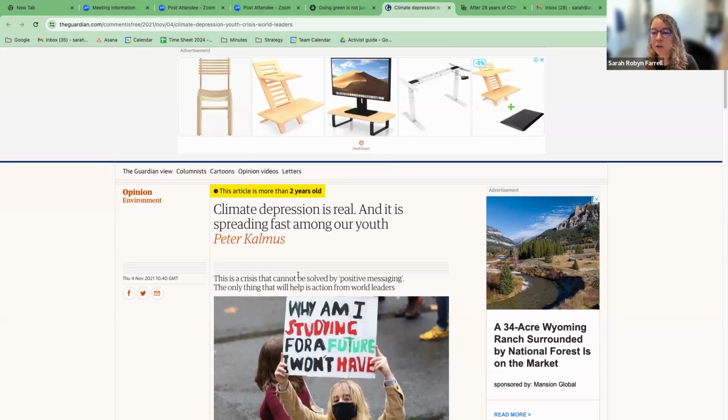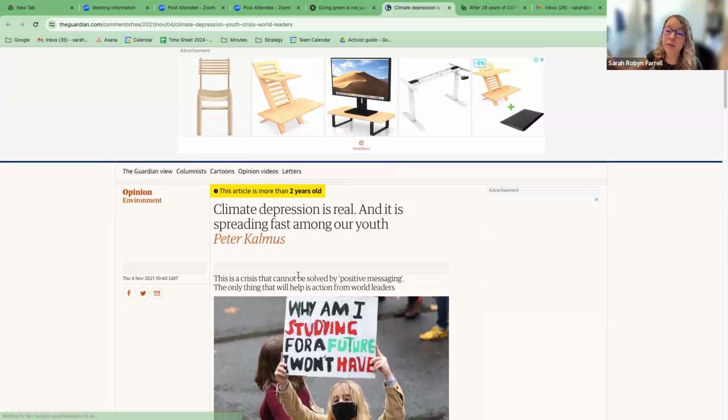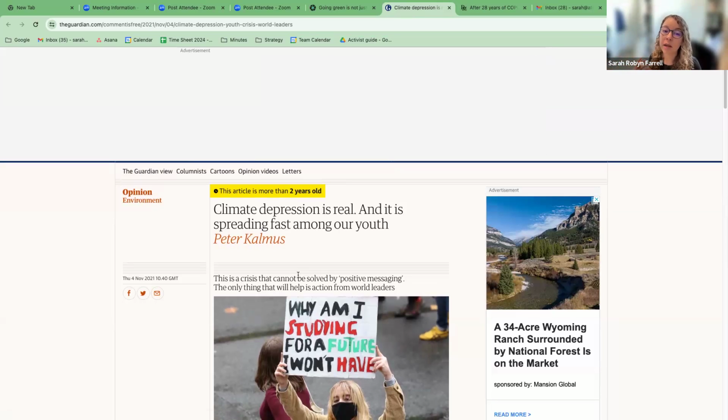They're not too long, but they're very descriptive in terms of giving a reason to click on it for the person that's going to read through many different news articles, and giving them an idea about exactly what the topic is about. So this person has stated, climate depression is real and it is spreading fast among our youth, which gives us a clear sense that he's going to talk about climate depression, but he's also going to connect it to this theme of how it's impacting youth.